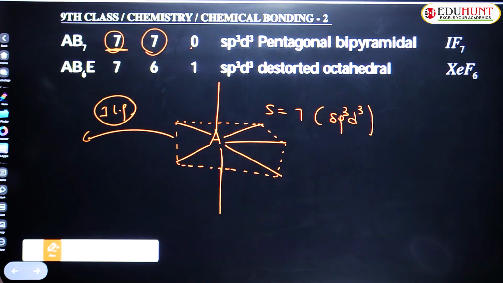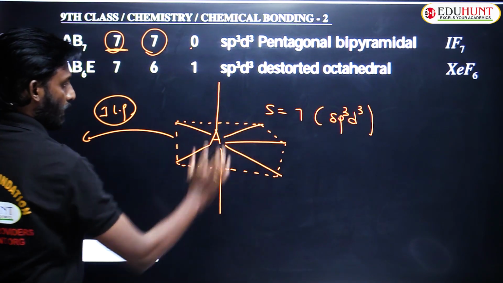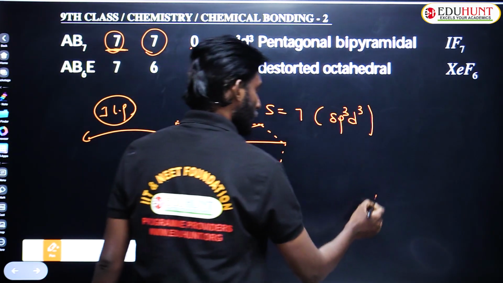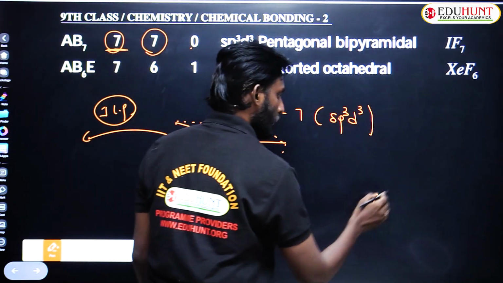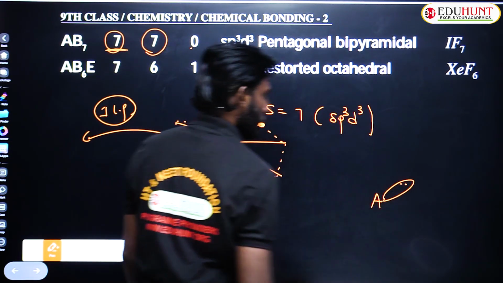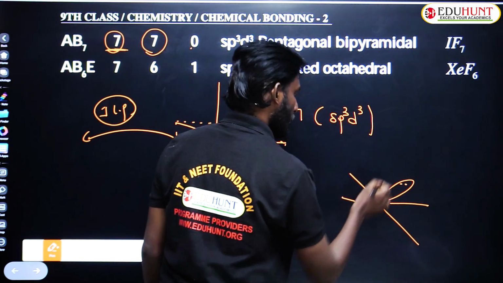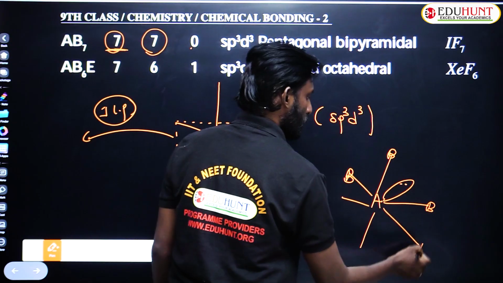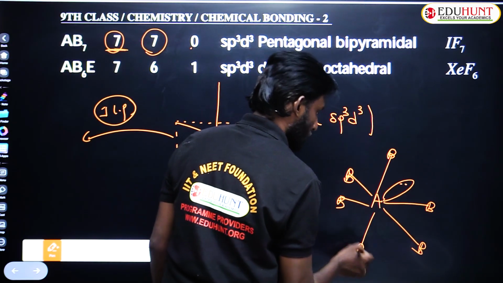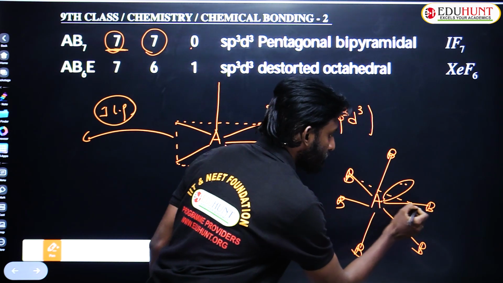If there is one lone pair, you have to give that lone pair to one of these positions. Let us say I am giving the lone pair here. That means one lone pair here and the rest is like this. B, B, B, B. See, it is just looking like octahedral, na?